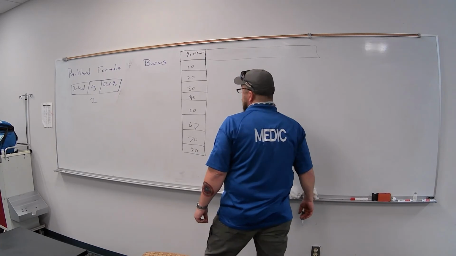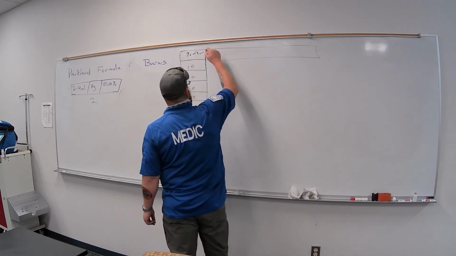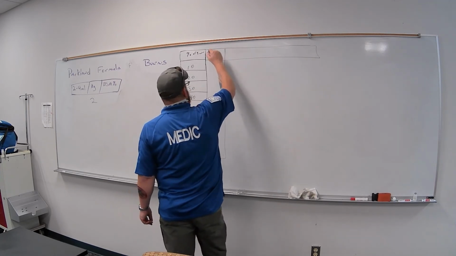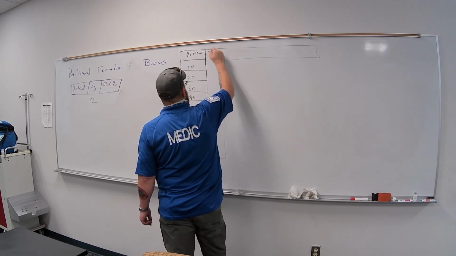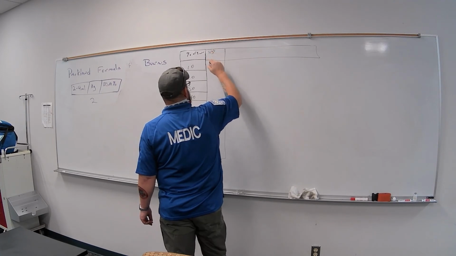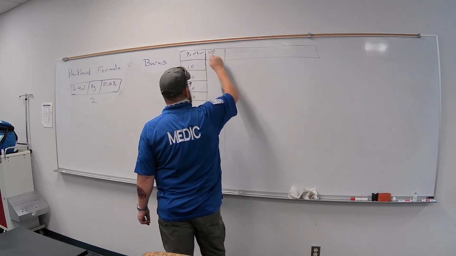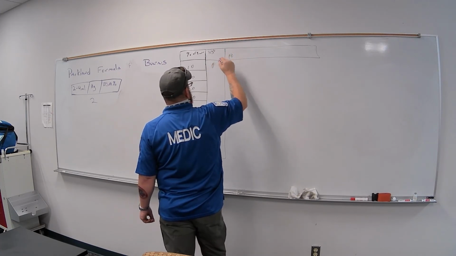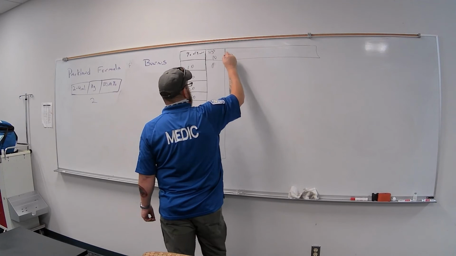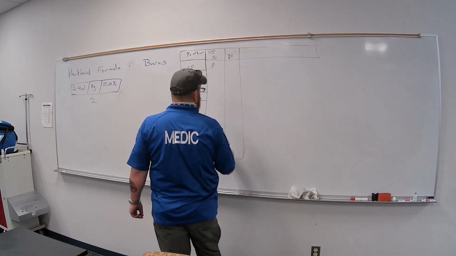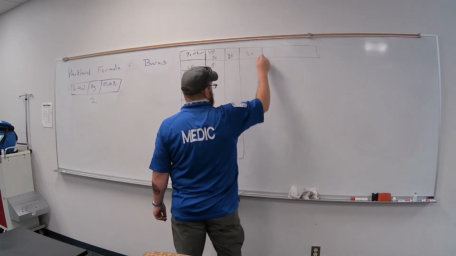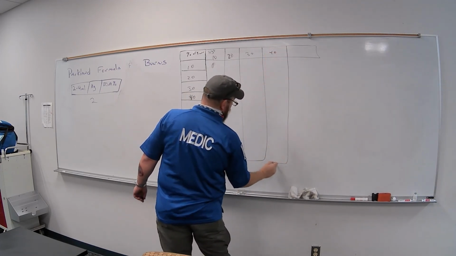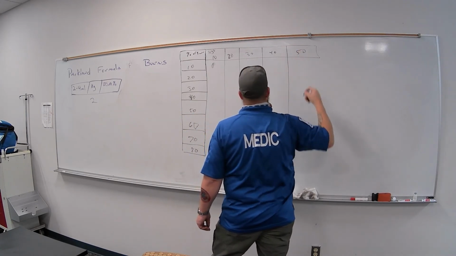So it's 10 kilograms, all the way up to 100 kilograms. And across the top it's 20, 30, 40, all the way to 100. We could just do up to 40, because we get the idea.